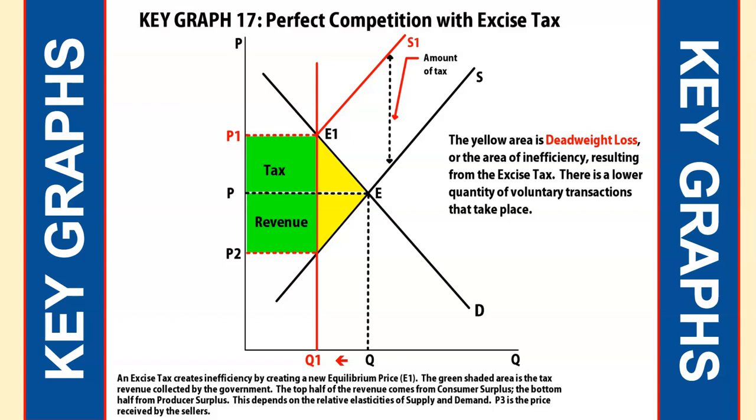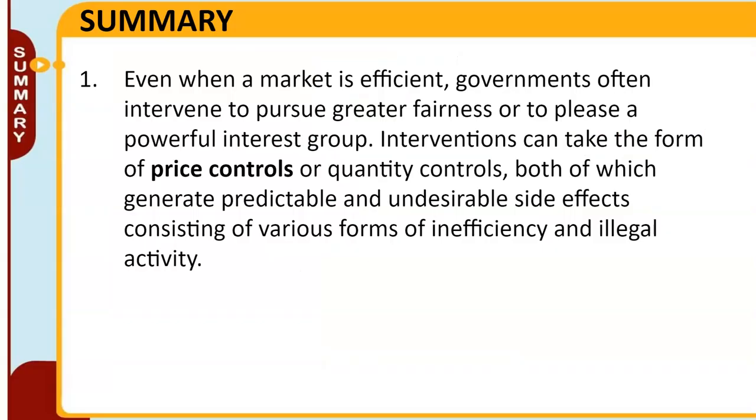So that essentially ends the chapter. I do want to take a moment just to kind of, in summary, wrap up these ideas. So price controls definitely create inefficiencies. Why do we have these?